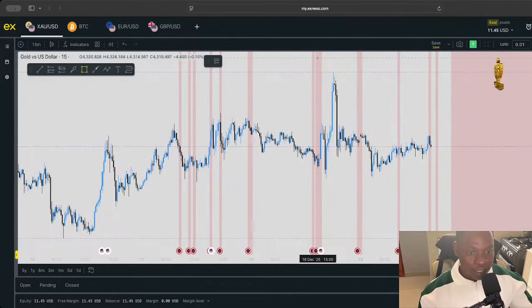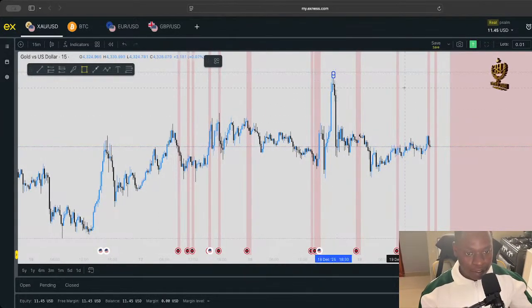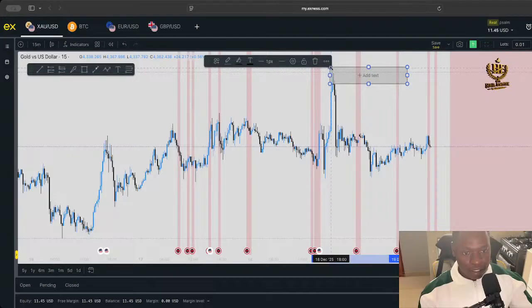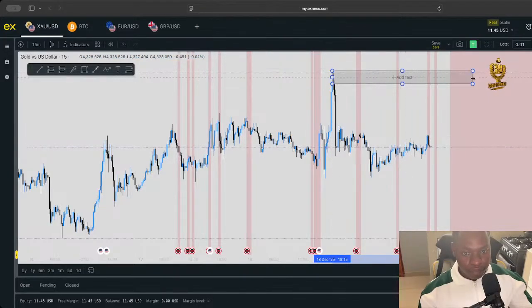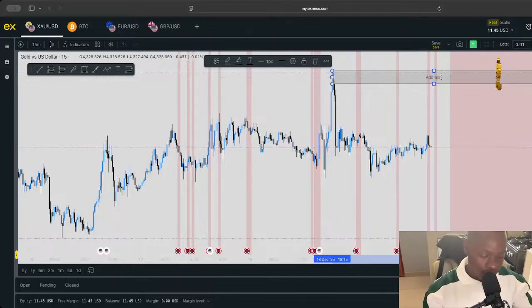At that particular session of the market, we have this high as our current external high, or external support resistance, sorry.